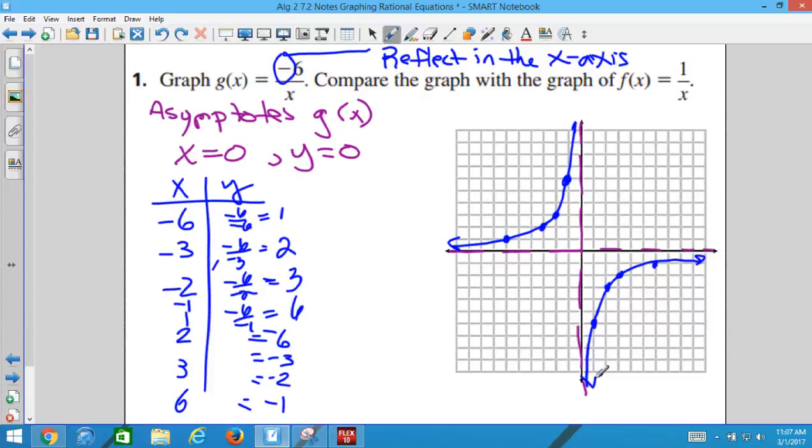So when we compare this to the parent function, what's the same? The parent function I did not regraph because it was on the first question. Do I need to regraph it?